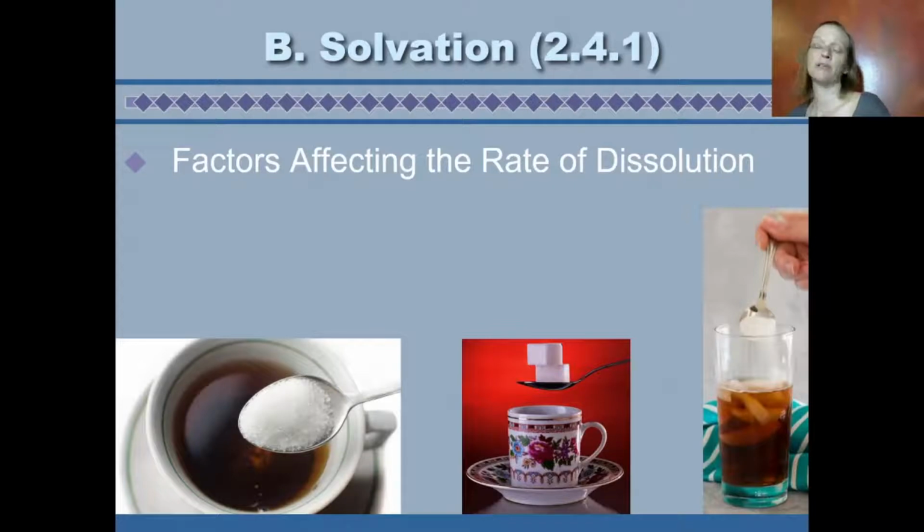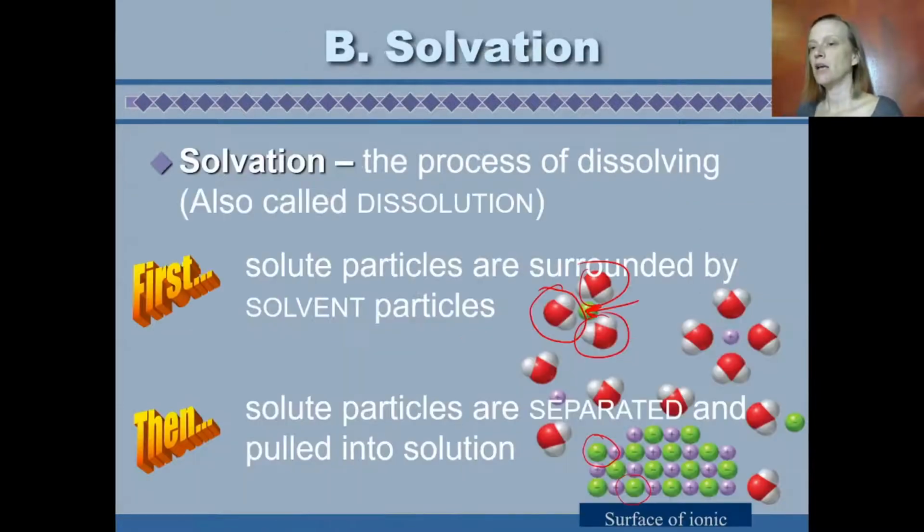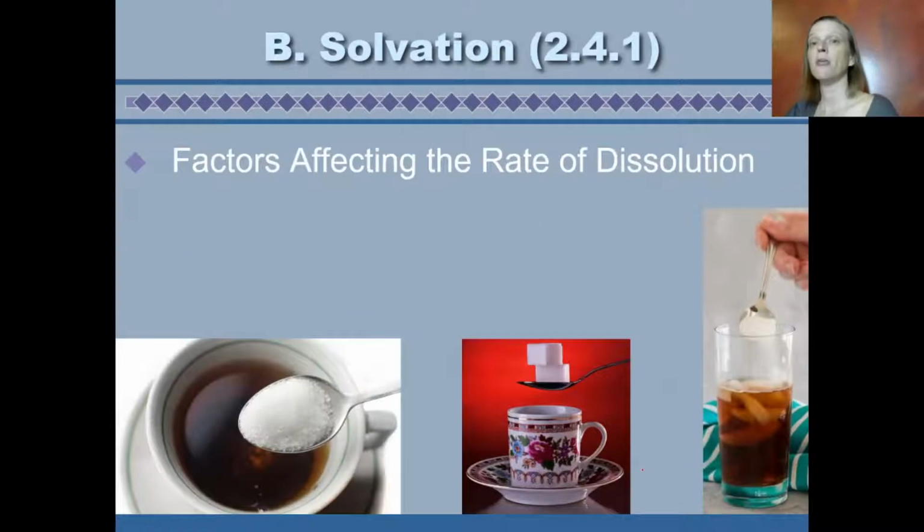That actually brings us to the next thing we're going to talk about, which is what factors affect the rate of dissolution. As I said, particles near the outside of the chunk of solid that you're trying to dissolve here will go into solution more quickly than ones that are buried inside the solid chunks.